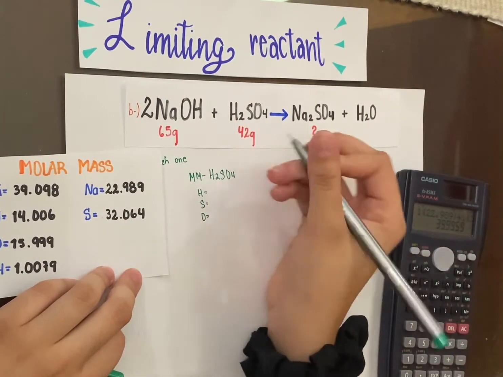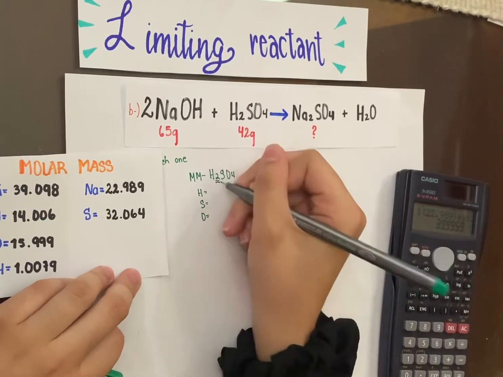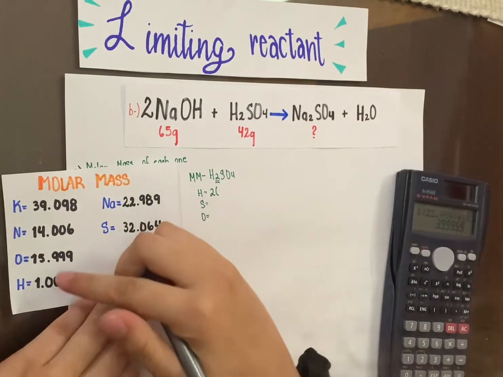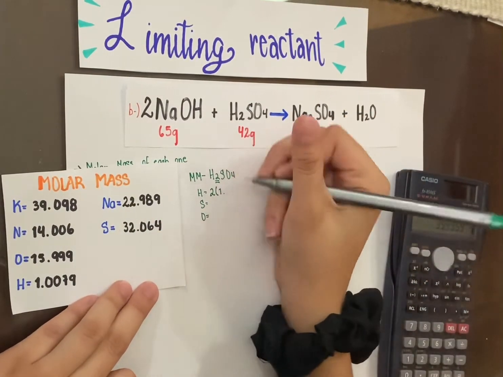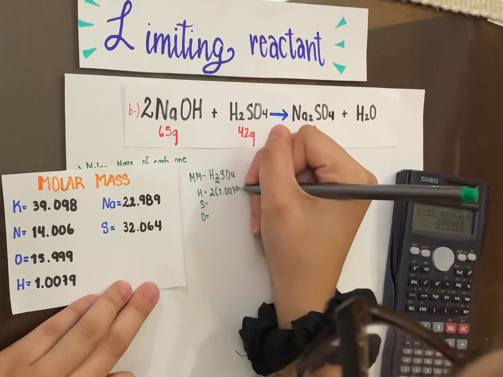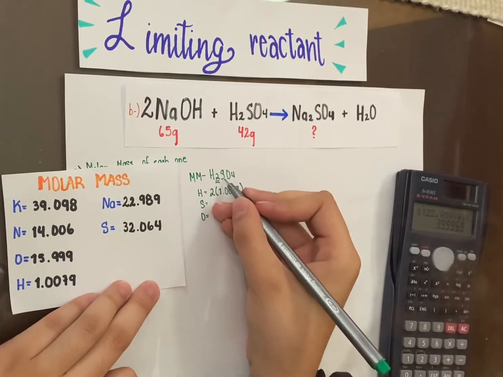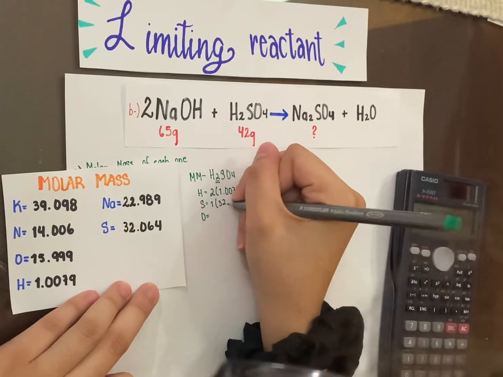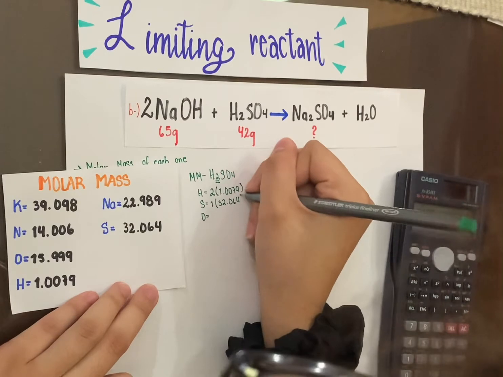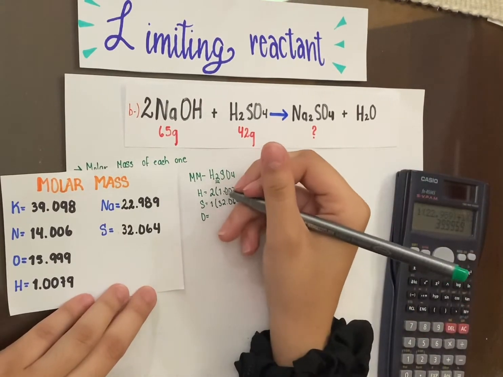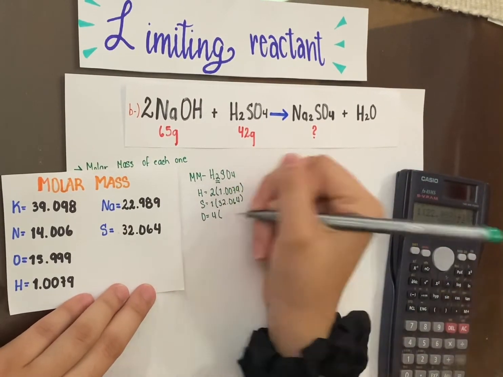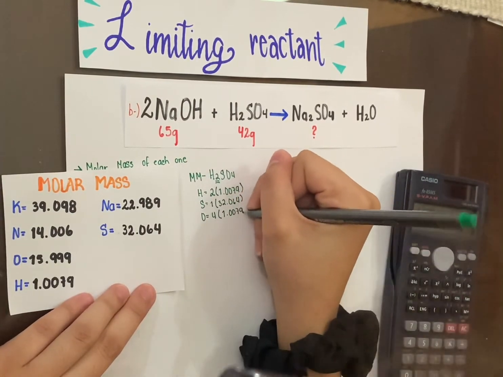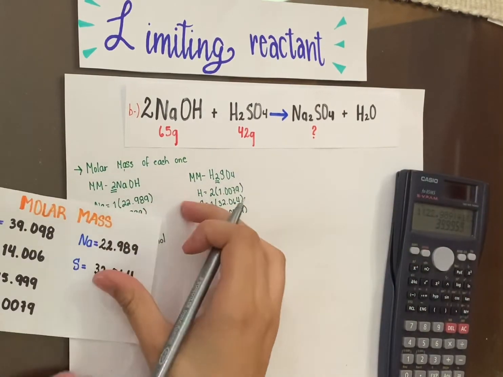This is different because we have it as a subscript, so we're going to write 2, and hydrogen is 1.0079. Sulfur only has 1, so it's 32.064, and oxygen has 4, so oxygen is 15.999.